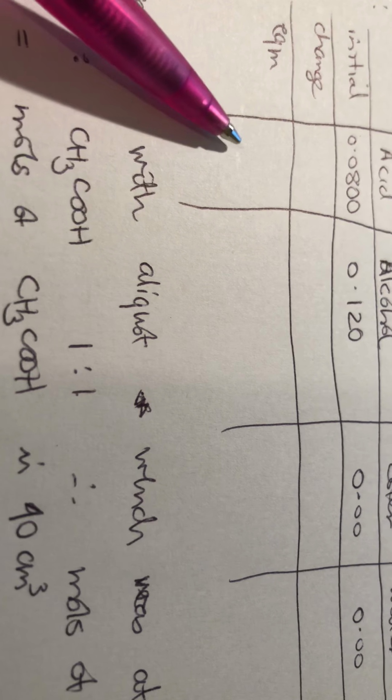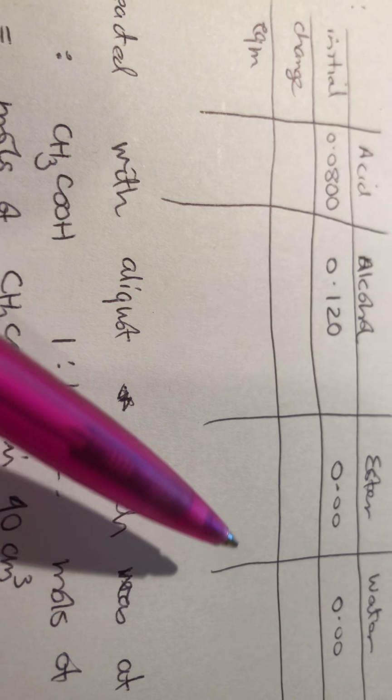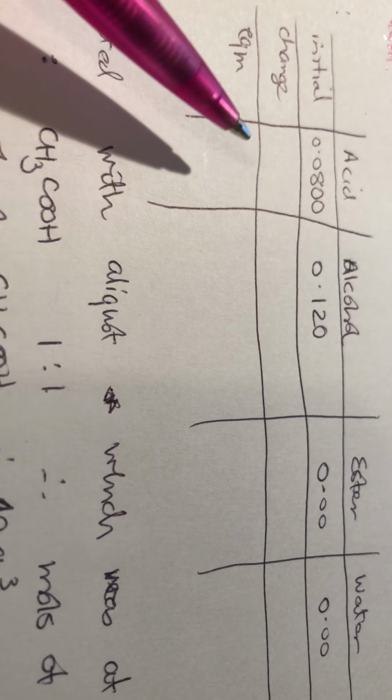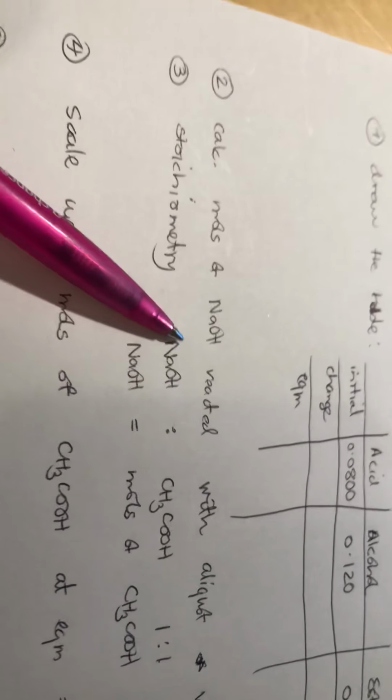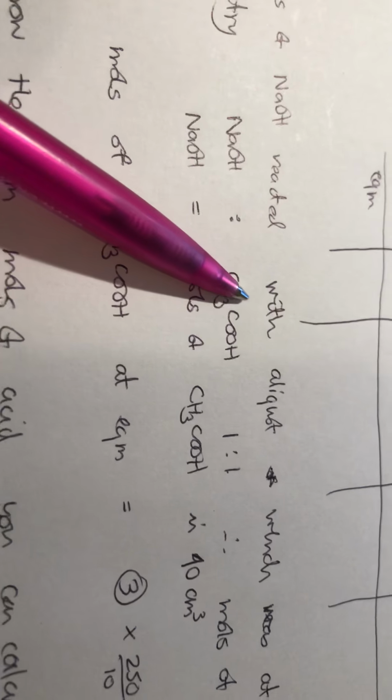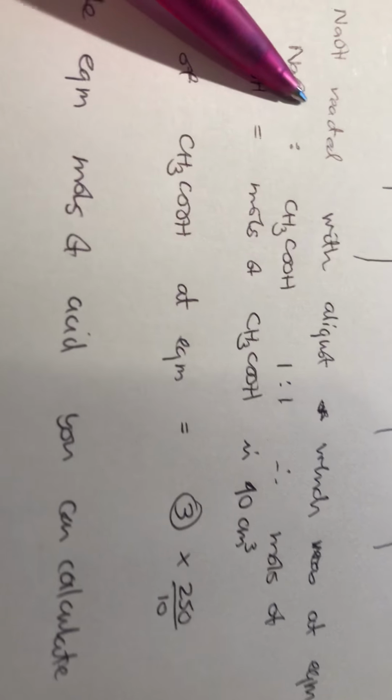Now there's no equilibrium moles here to help us decide what the change is, so we need to use the titration data. So calculate the number of moles of sodium hydroxide reacted with the aliquot, which is at equilibrium.